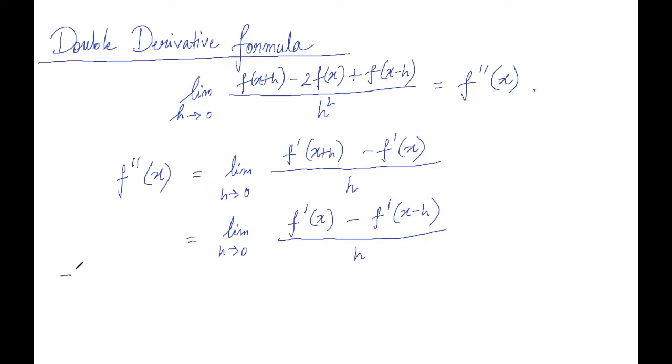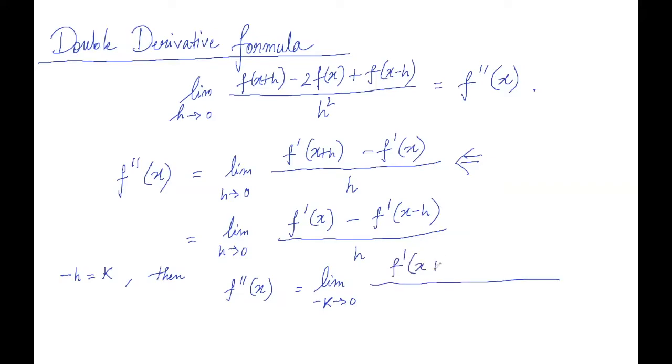So let's take minus h to be k. Then what we have is f double dash x. We know this, so let's replace h by minus k there. So minus k tends to 0, and f dash x plus minus k minus f dash x by minus k.